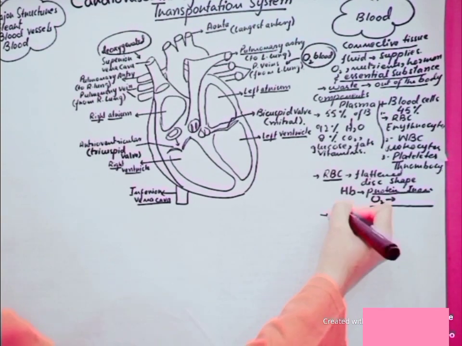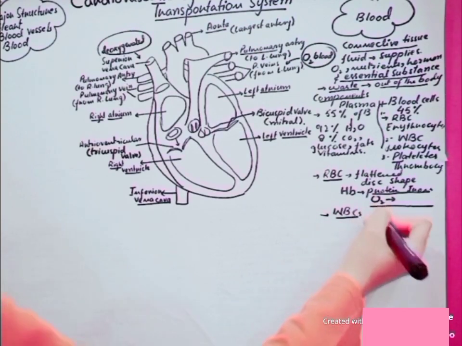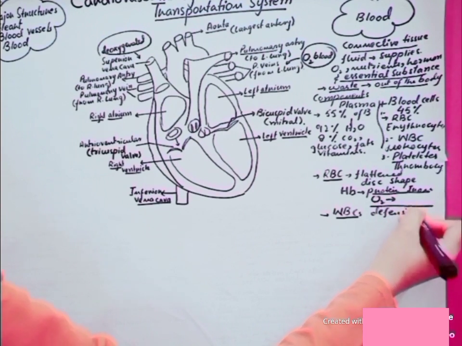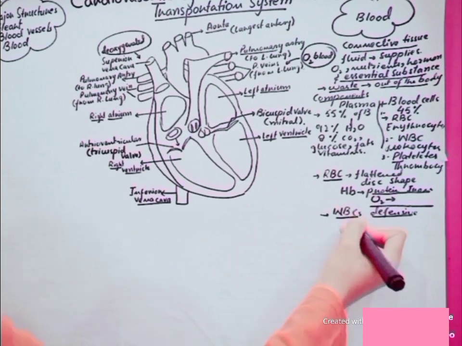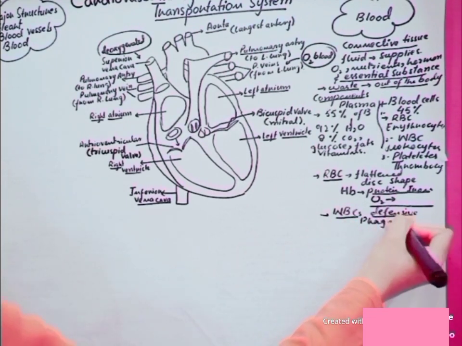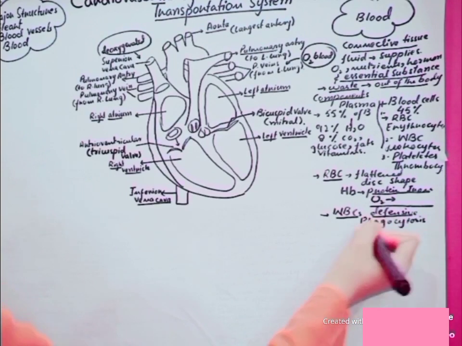Now, WBCs, white blood cells or leukocytes, they provide defensive mechanism by phagocytosis. They are also called soldiers of our body.